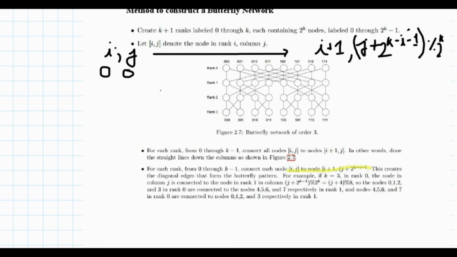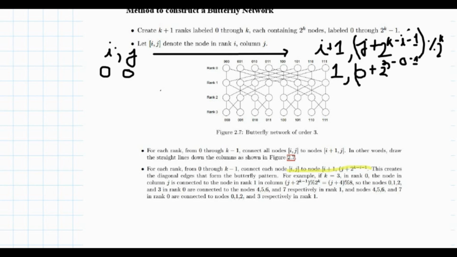If you follow this formula, the node to which this particular node should be connected will have rank 0 plus 1, 1. And its column number should be j, that means 0, plus 2 to the power k, that means 3, minus i, which was 0, minus 1.